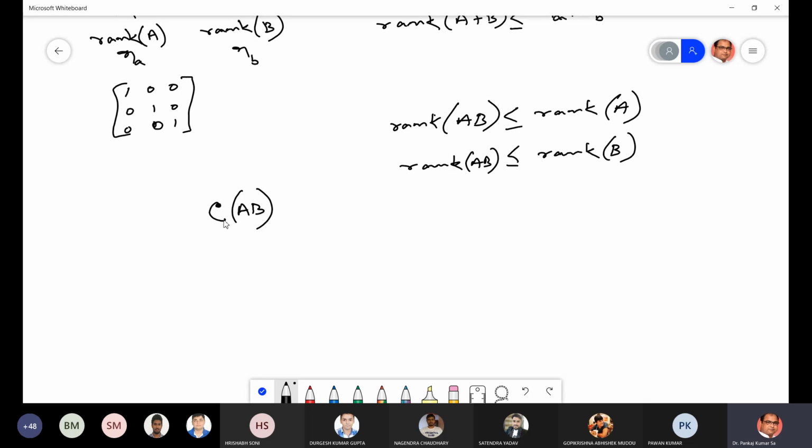And in place of writing the rows of AB, mathematicians usually make things a little complicated and write it as C of AB transpose.